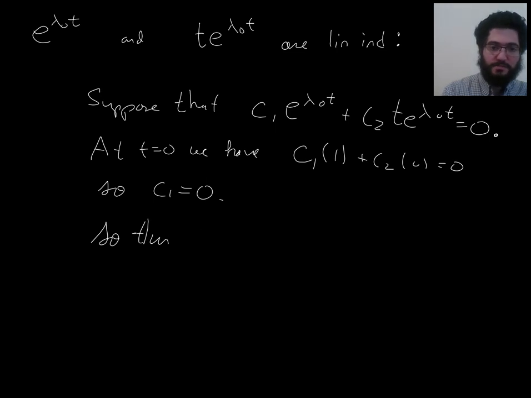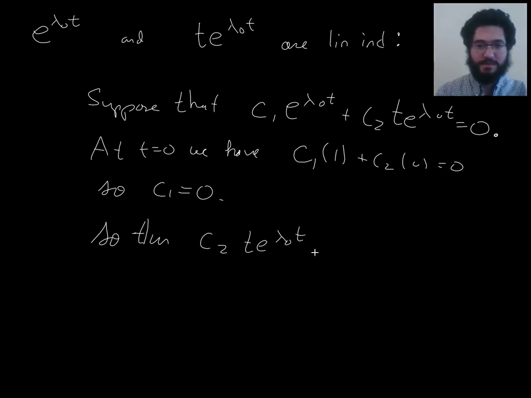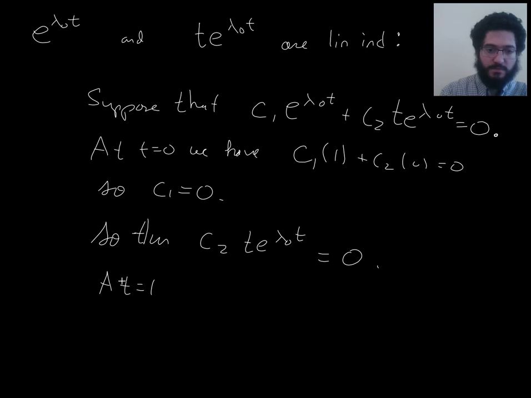So then, going back to our original statement, overall we've got C1, well, C1 is 0 now, so we've got just this equals 0. C2 t e to the lambda naught t equals 0. And can I verify that C2 also equals 0? Well, how about we put in t equals 1? At t equals 1, we now have C2 times e to the lambda naught equals 0.